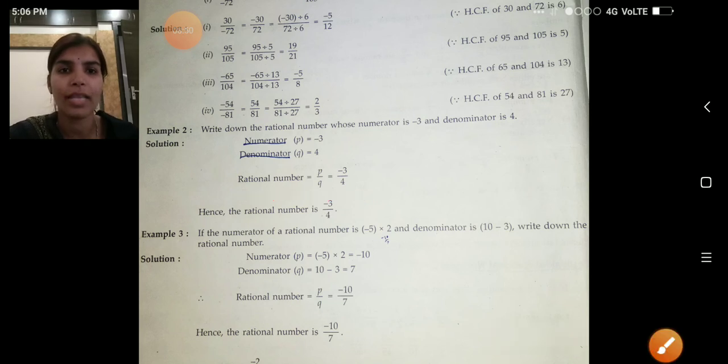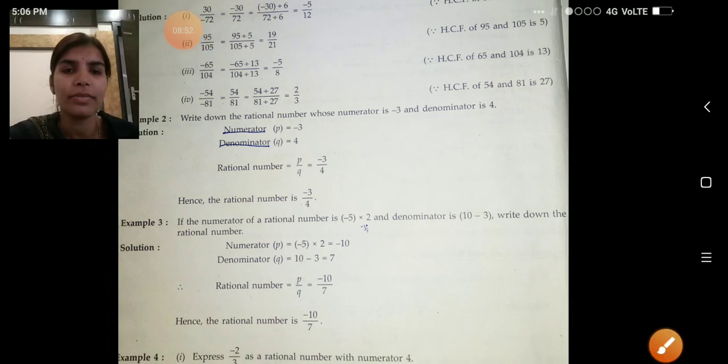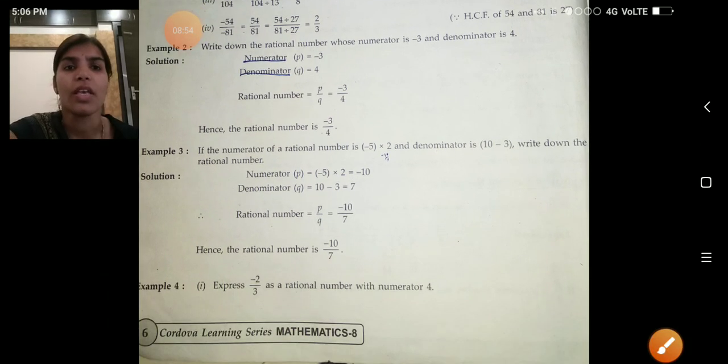Then the next example is given. If the numerator of a rational number is minus 5 into 2 and the denominator is 10 minus 3, write down the rational number. Numerator means p. So we consider numerator p is equal to minus 5 into 2. Minus 5 into 2 is minus 10. So our numerator becomes minus 10.